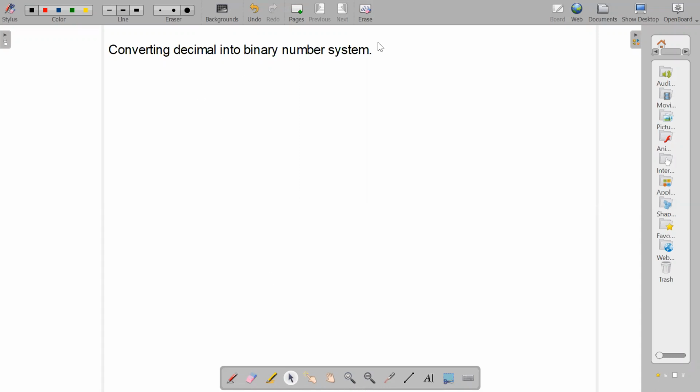So, what do we do? Divide by base of binary number system, which means divide by 2.